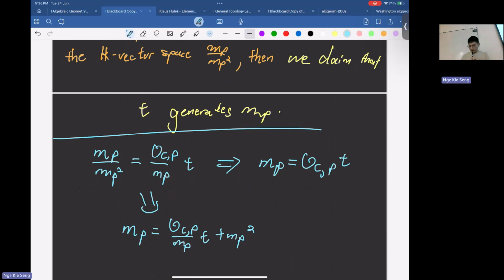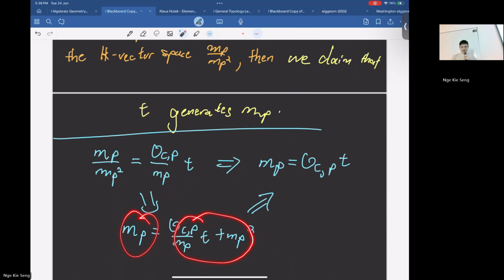So is it possible to go from here up to here? What's the thing you need? If this equals this sum here, then after multiplying, this MP should disappear. Let's push it all the way into MP squared.